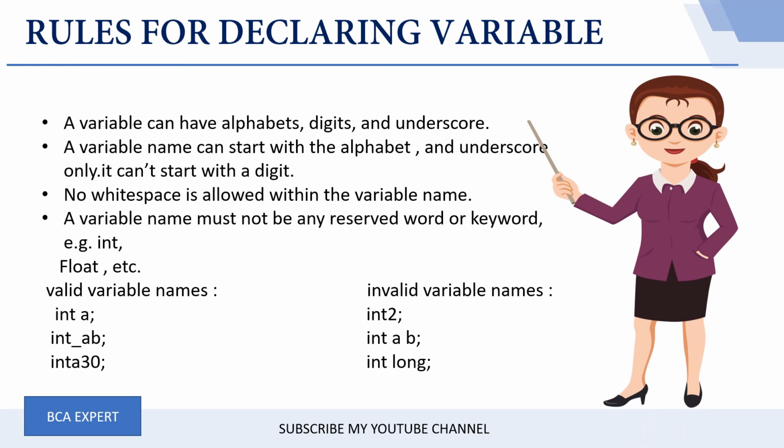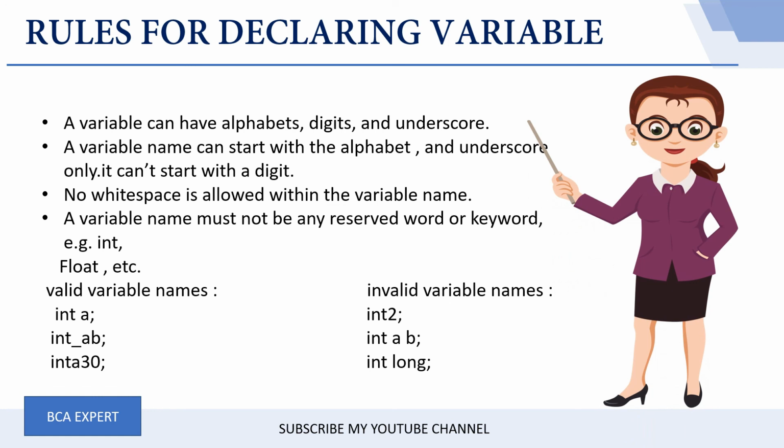The last rule is that a variable name must not be a reserved word or a keyword, for example int or float. Let's see some examples of valid variables that we can declare in the C language. Firstly, in A, the variable name does not start with any special character or a space; it simply starts with an alphabet.